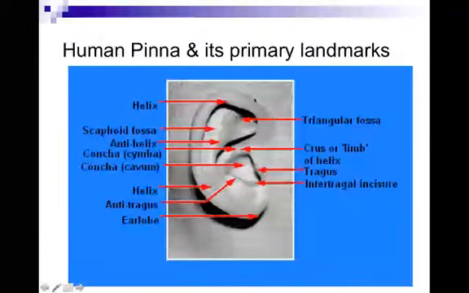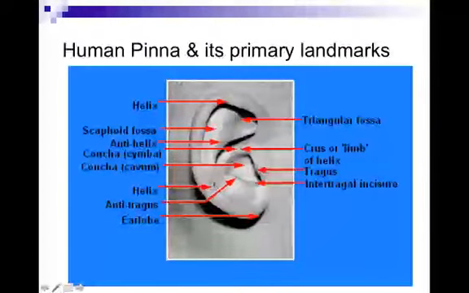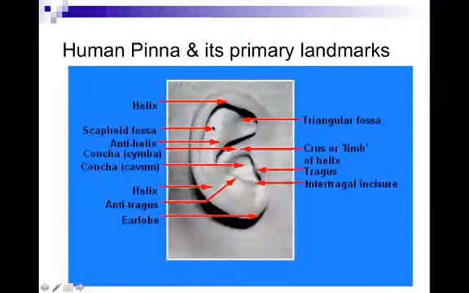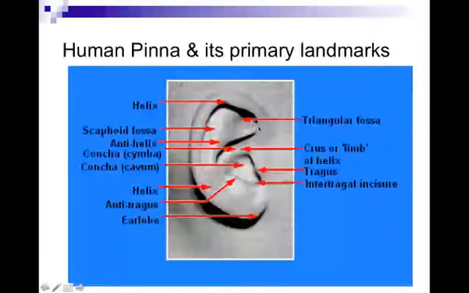But in humans, those are vestigial, so we can't move our pinna. If you see people who are moving the pinna, they're actually moving their neck muscles to twitch their pinna. There are some important landmarks in the pinna that we might need to acquaint ourselves with.